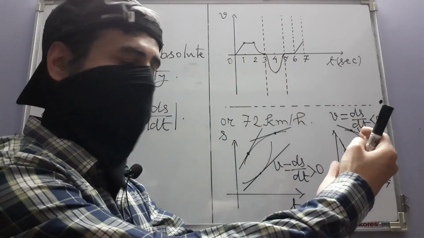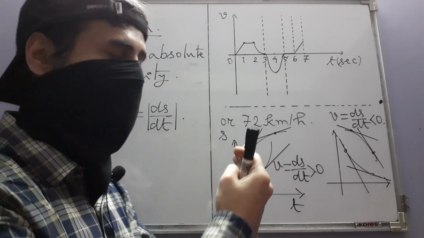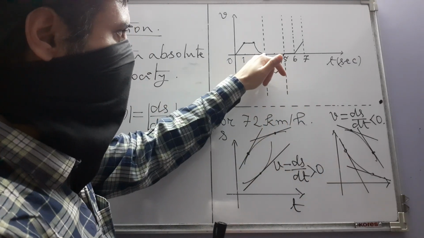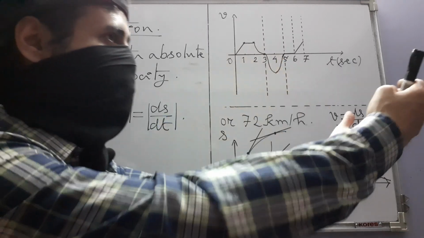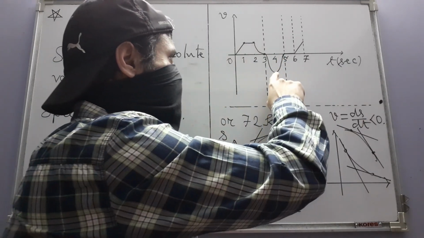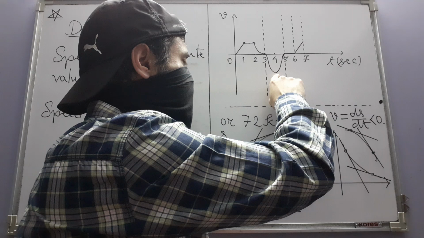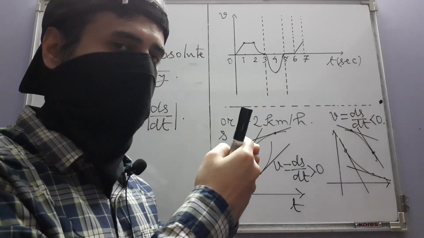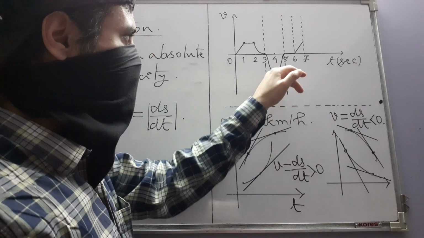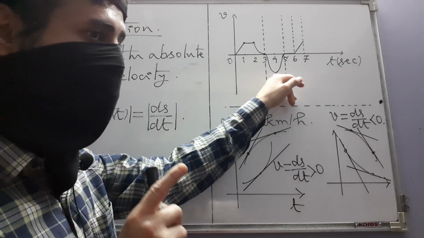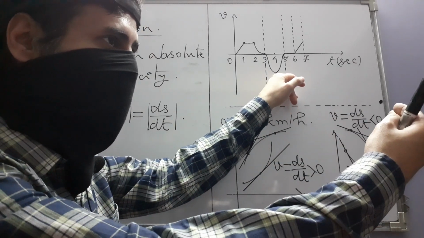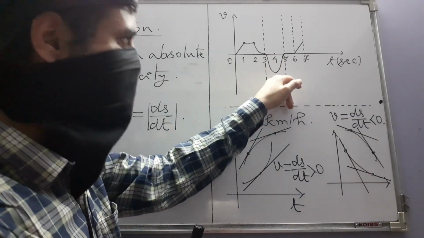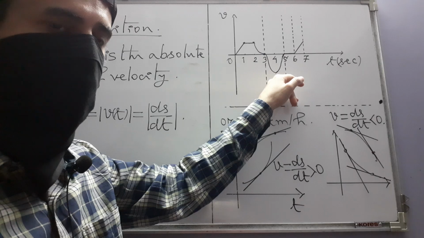That means this time it really started coming towards us. Initially it started coming towards us somewhat slowly, but then it really picked up speed. And at this instant t equal to 4, it reached its maximum velocity during its coming back phase of motion.